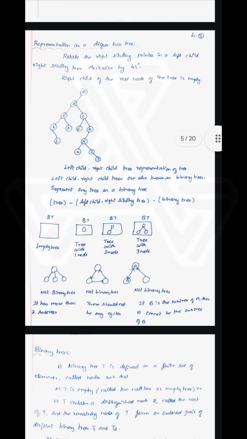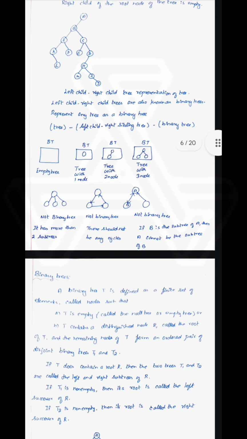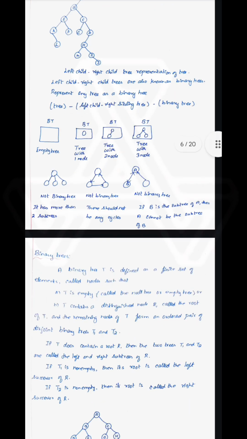This is the left child, right child tree representation of the tree. Left child, right child trees are also known as binary trees. Any tree can be represented as a binary tree: the tree should be converted into a left child, right sibling tree, then into a binary tree.